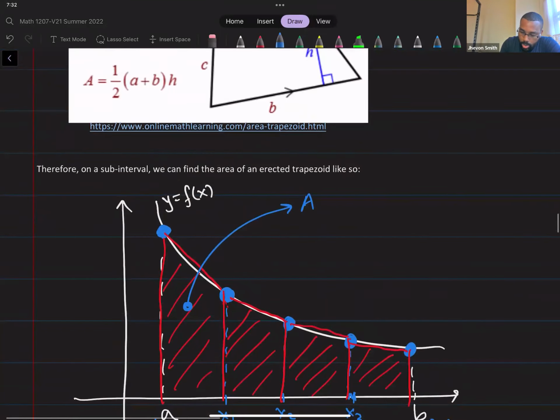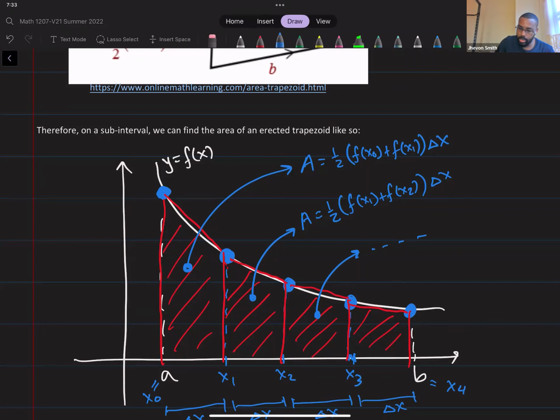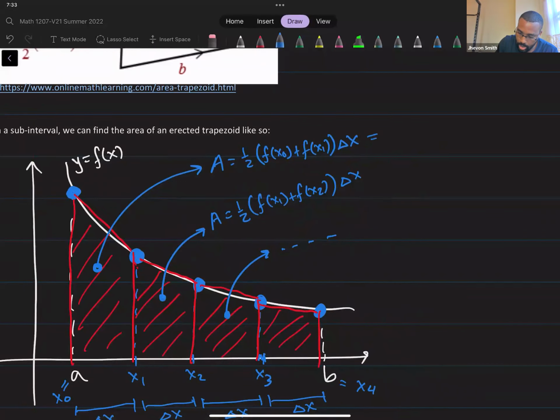Now you add up all these formulas. You can think of this as delta x over 2 times f of x0 plus f of x1. This you think of as delta x over 2 times f of x1 plus f of x2, etc. When you stick these trapezoids together, you can find the total area.